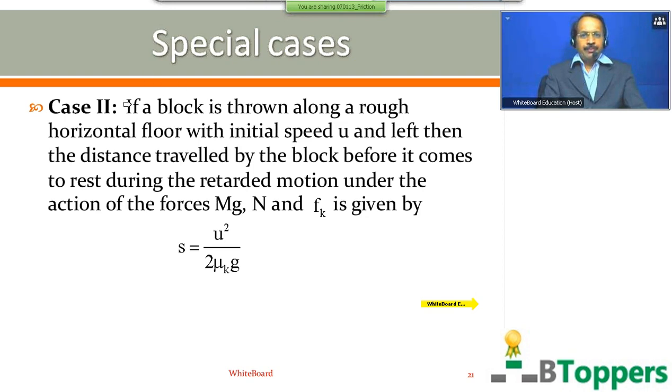If a block is thrown along a rough horizontal floor with initial speed u, and the distance traveled by the block before it comes to rest during the retarded motion under the action of the forces mg, N and fk is given by S equal to u square by 2 μk into g.